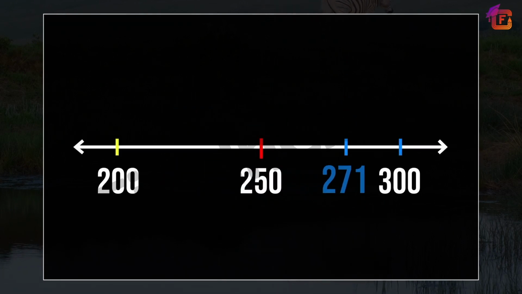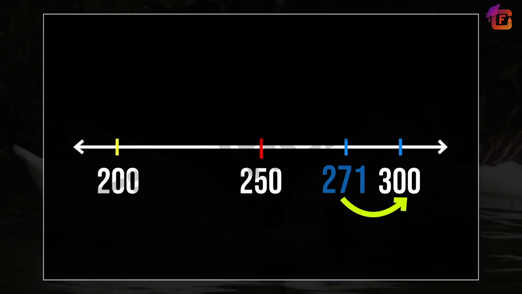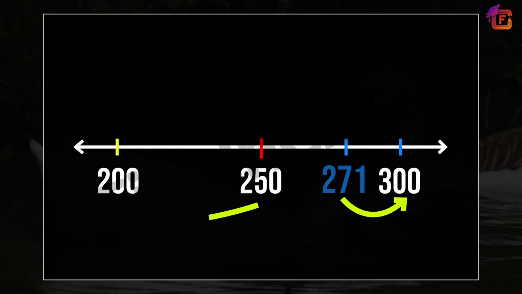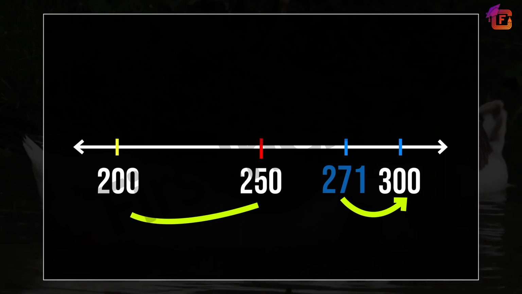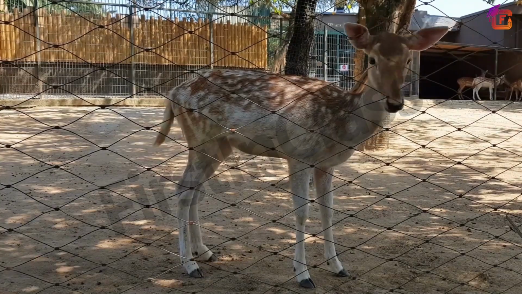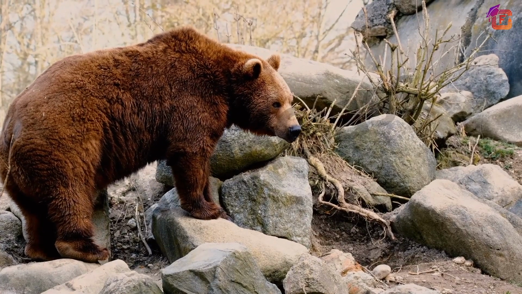I hope you have placed 271 in the second half of the number line. So, 271 is nearer to 300 than it is to 200. Yes, hence 271 to the nearest 100 is 300. Hence, we can say that there are about 300 animals in the zoo.